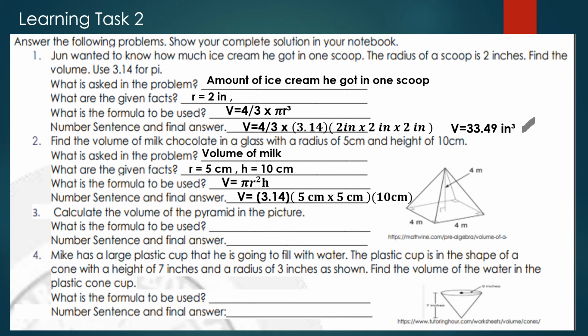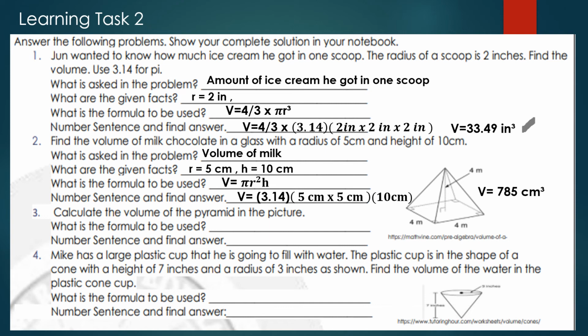Ang radius natin is 5 cm times 5 cm kasi radius to the second power, at ang height natin is 10. So, mumultiply lang natin lahat yan. Makuha nating volume is 785 cubic centimeters. So, this is now the volume of milk chocolate in a glass.